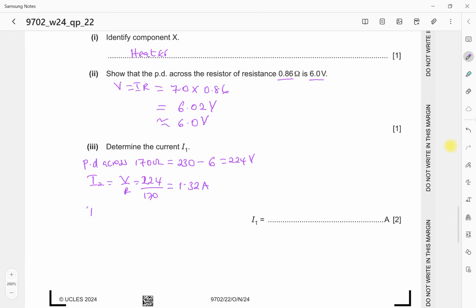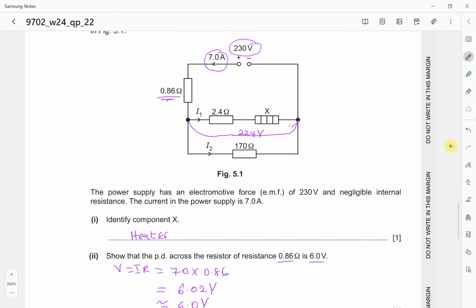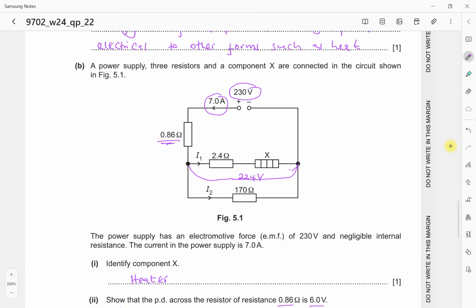So that means I1 is going to be just the difference, because the current entering the junction was 7. The current entering here is 7. The current going here is 1.32.